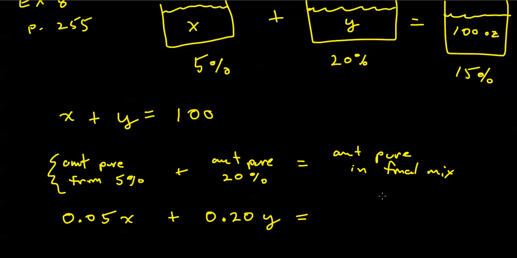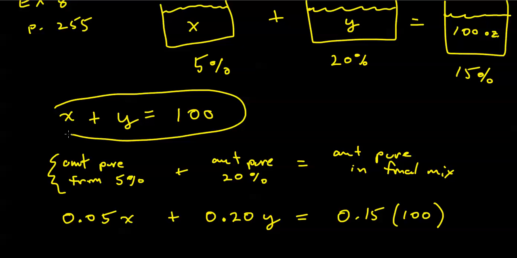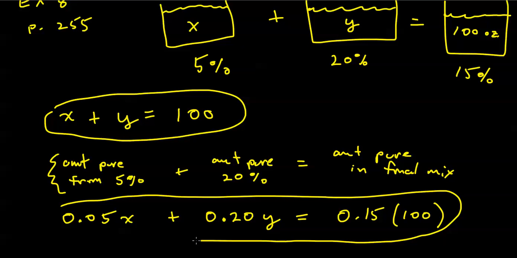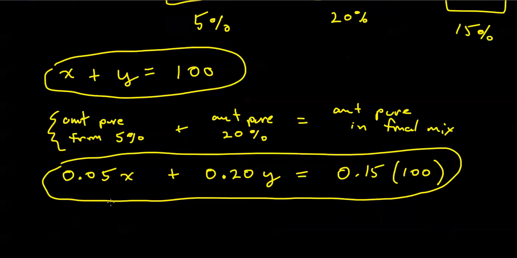And that has to equal the total amount of pure acid in the final mix. Well, the final mix is intended to be 15%, and 100 ounces is that volume. Alright, so I've got two equations now. X plus y equals 100, and this equation here. And I should be able to solve that without too much difficulty.